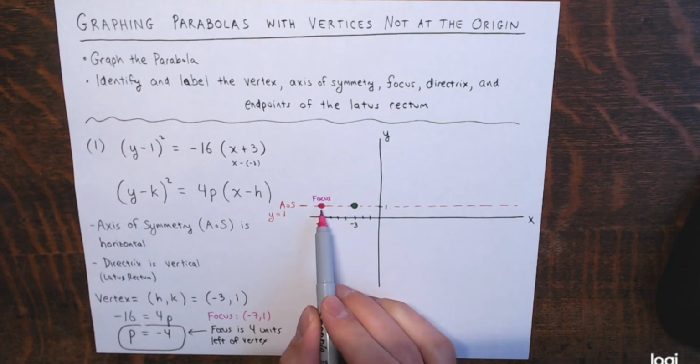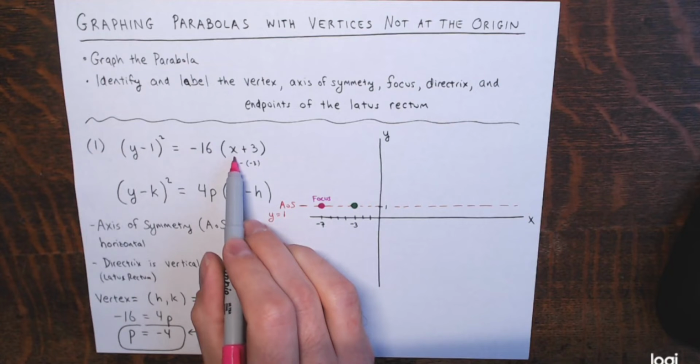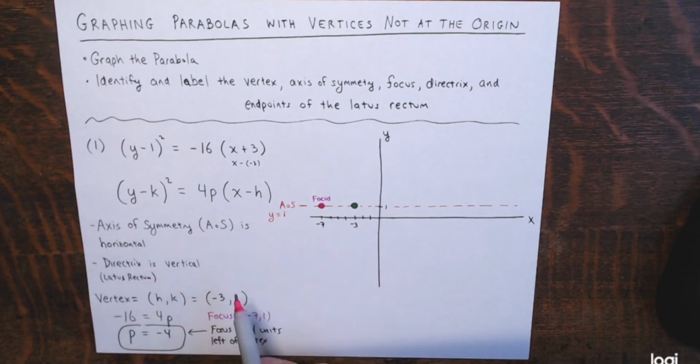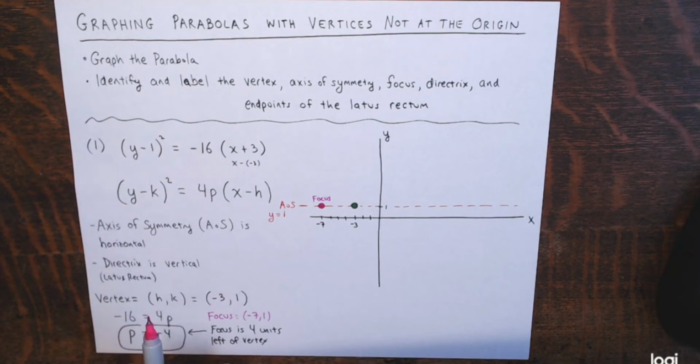Now this is again not a solution. If you were to plug in negative 7 for x, you'd get positive 64 on the right side of the equation. You plug in 1 for y, you get 0 on the left. You'd have 0 equals 64. That's not true.